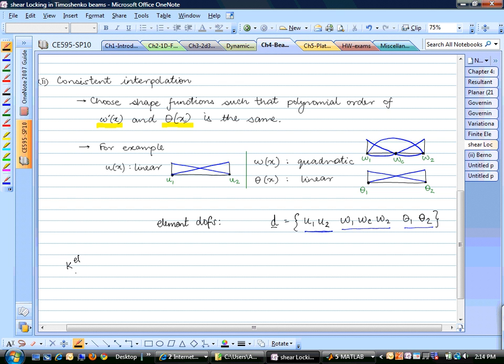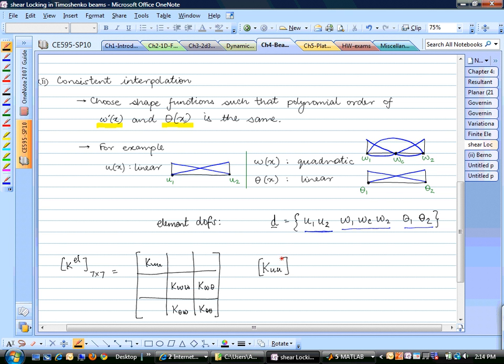The element stiffness matrix is going to be 7 cross 7, and its structure would be very similar to what we had before. You have KUU here, KWW here, K theta theta here, KW theta here, and K theta W here. So what would be the sizes of all these?